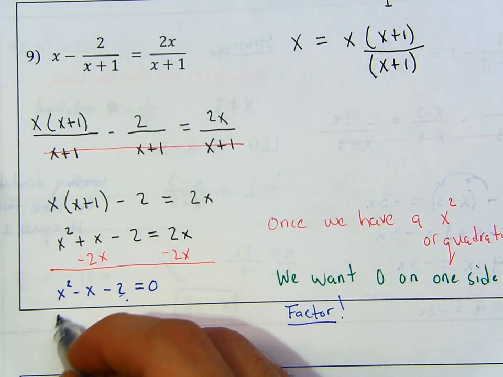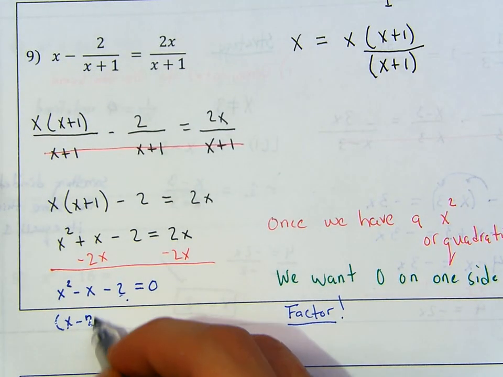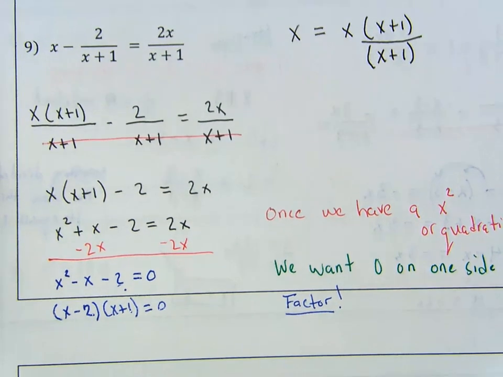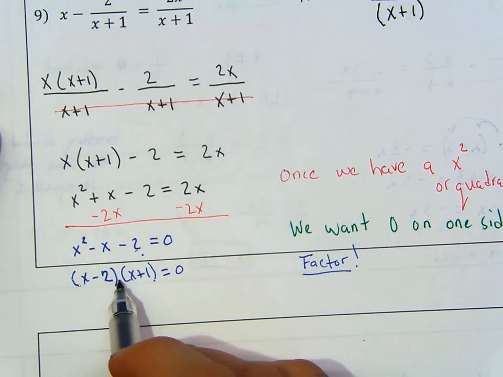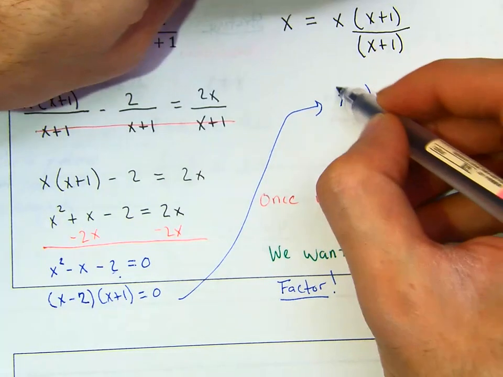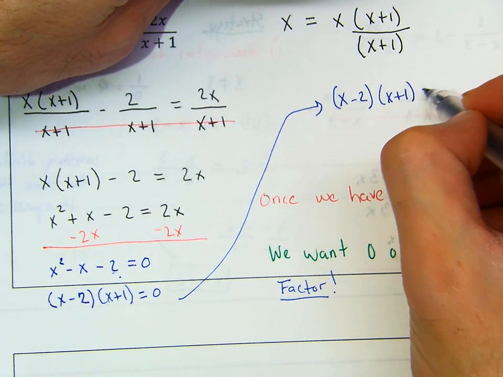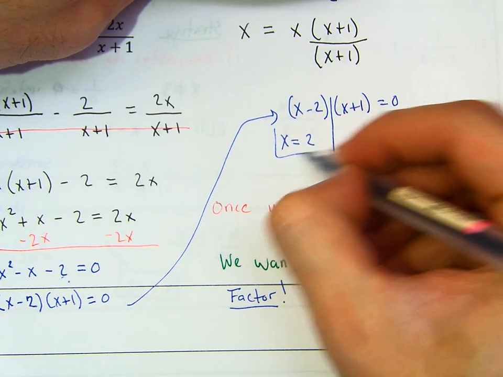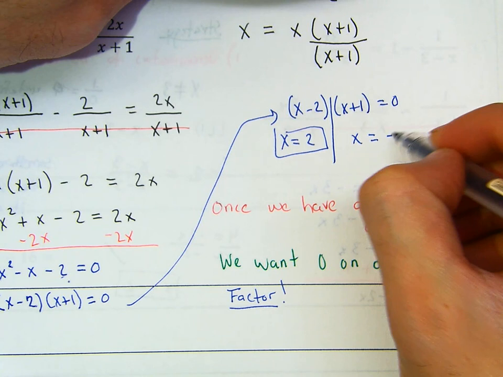Notice that it's x minus 2, x plus 1 equals 0. All right, and then here, once we have x minus 2 times x plus 1 equals 0, notice that x equals 2, right, and x equals -1.